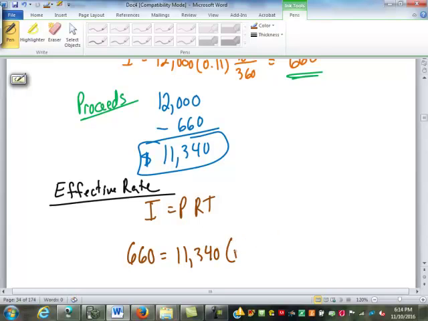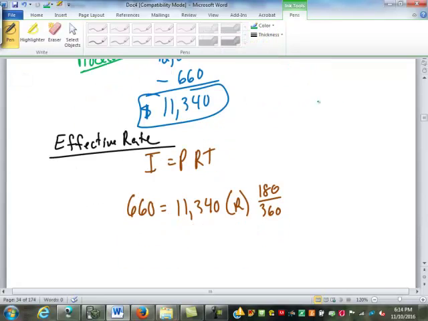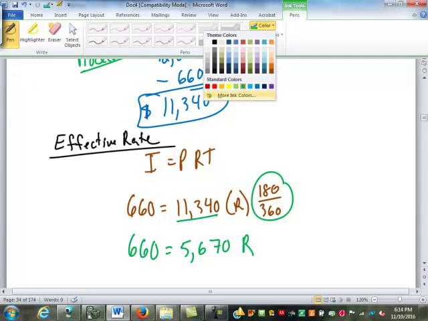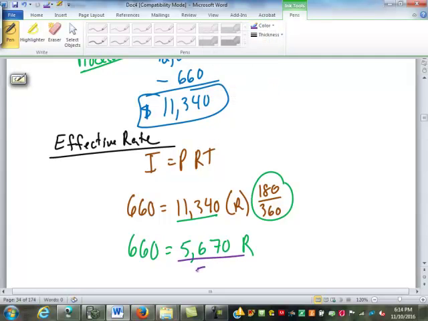We are looking for R times 180 over 360. Now here's one where you don't have to worry about the answer key because it should work out relatively cleanly. It should be $5,670 when I multiply the 11,340 times the 180 over 360. Yeah? Okay. So now I can divide by 5670.